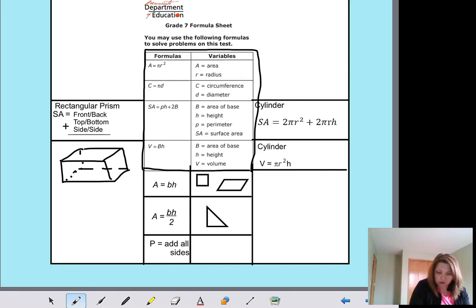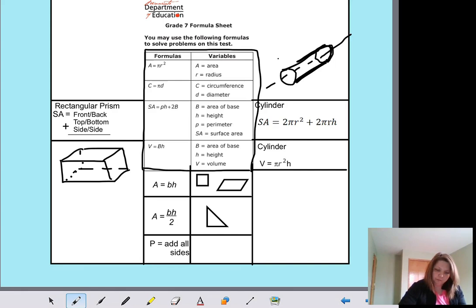So for a cylinder, we have a circle here and another one over here. This will be the circle that you are going to use.